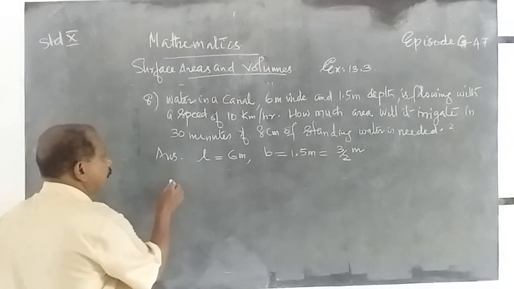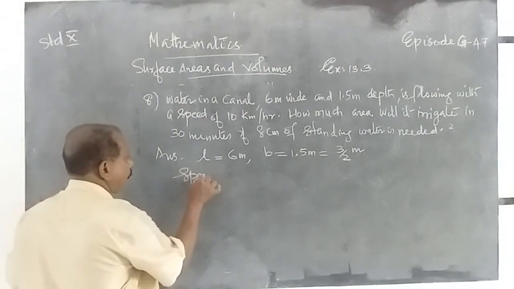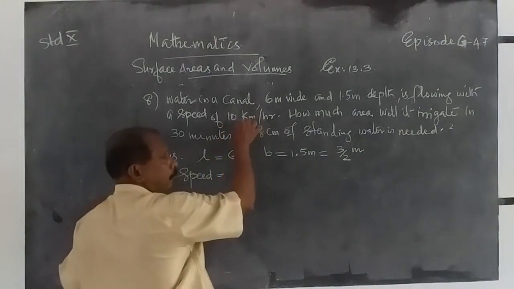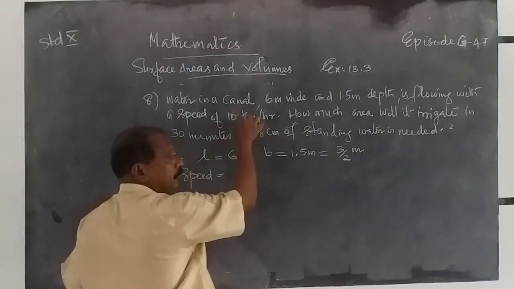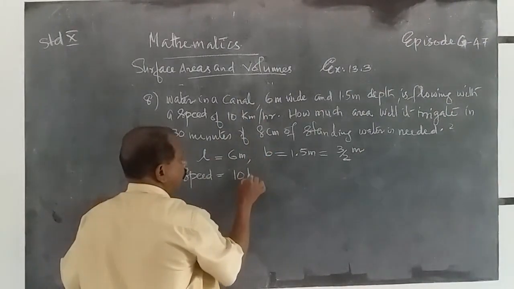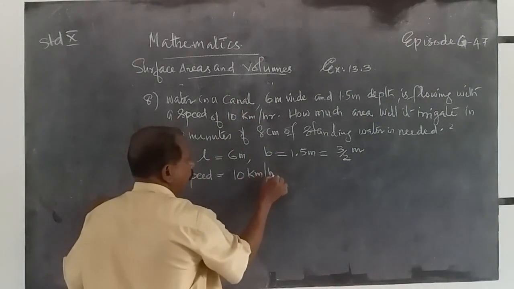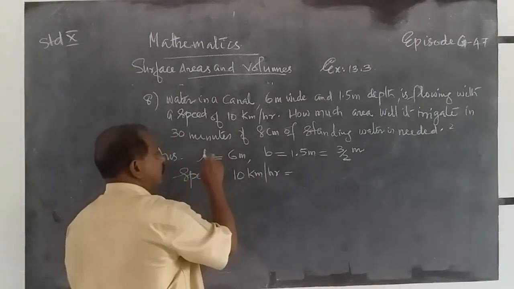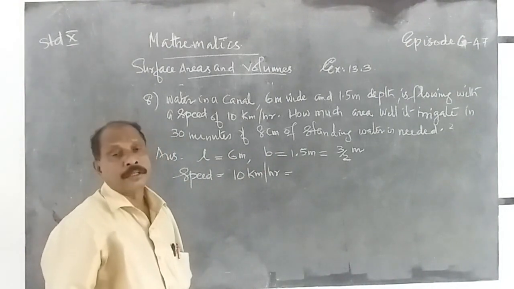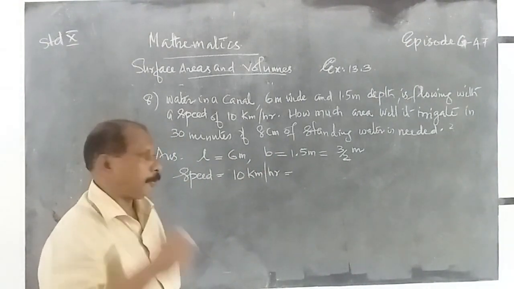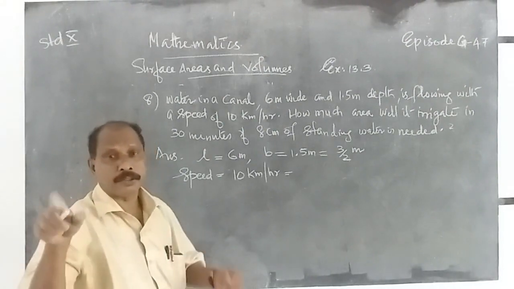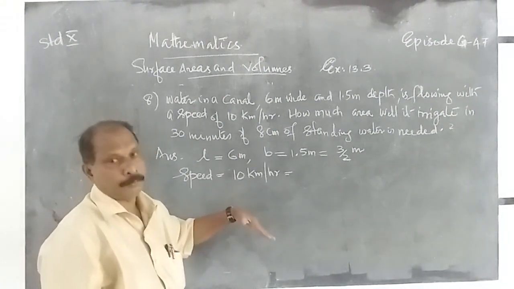Therefore, speed is equal to 10 km per hour. That is displacement by time, that is 10 km per hour. All the dimensions are in meter, therefore we convert kilometer to meter, that is 1000 meters per kilometer, and an hour is 60 minutes. Per means denominator.